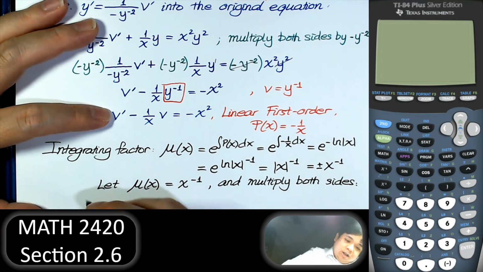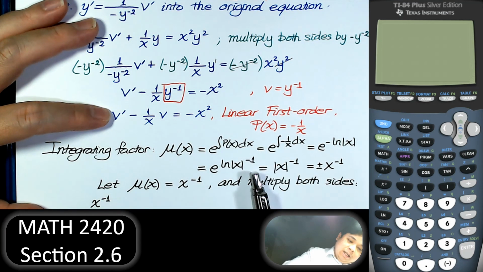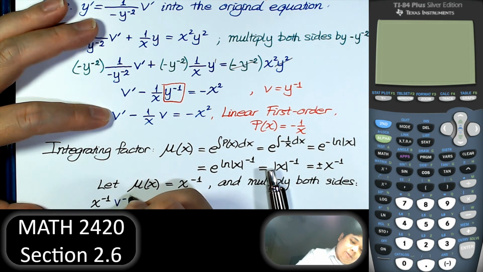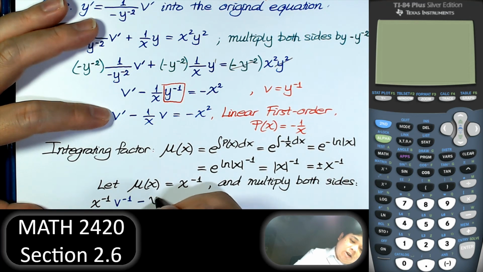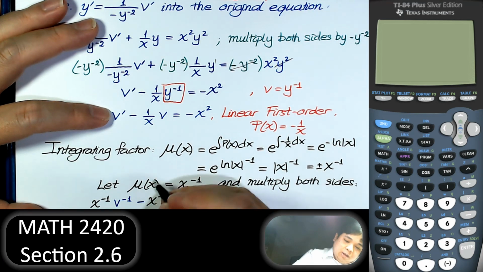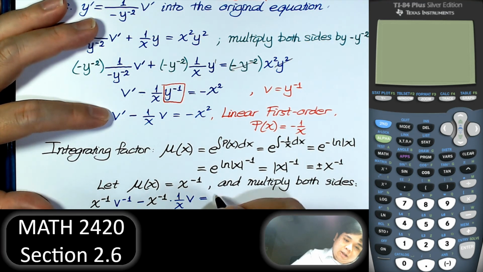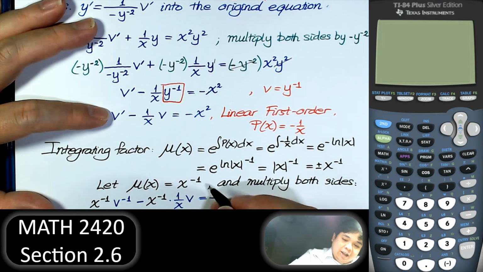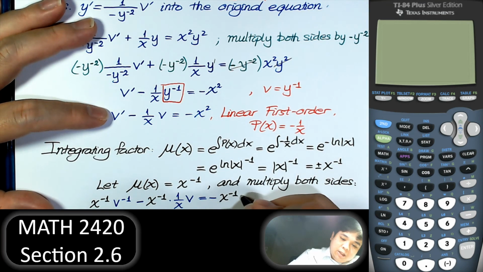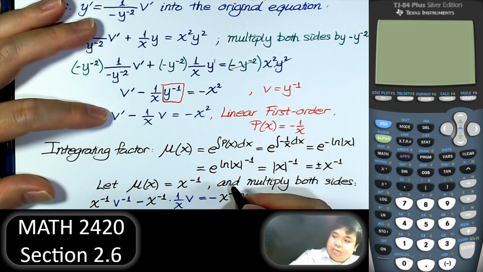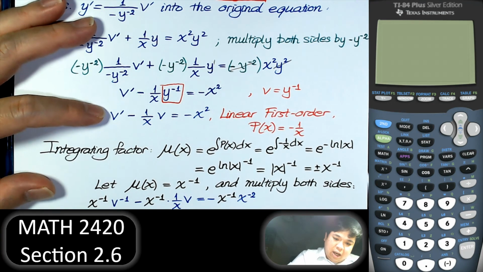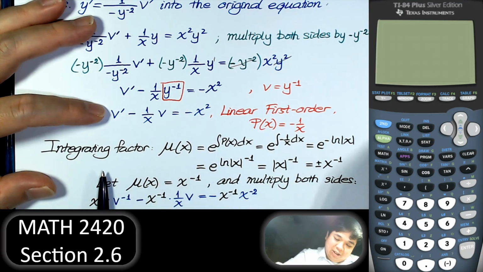So x to negative 1 times v prime minus x to negative 1 over x times v equal to negative x to negative 1 times x to negative 2. I don't know where that negative 2 comes from, this is just 2, right?